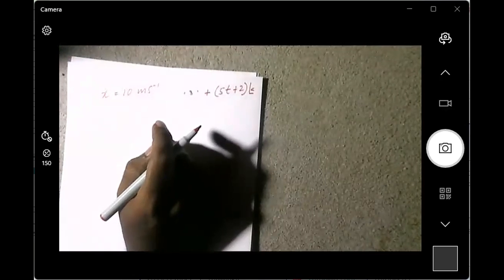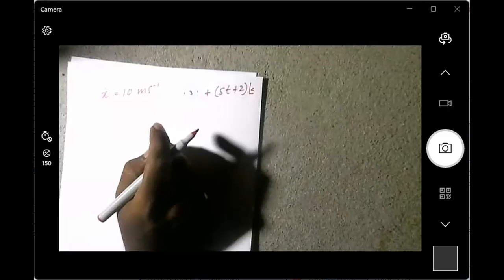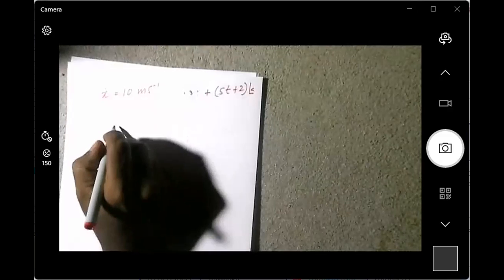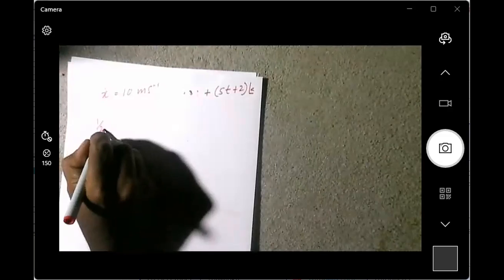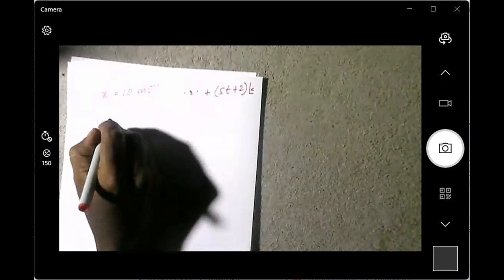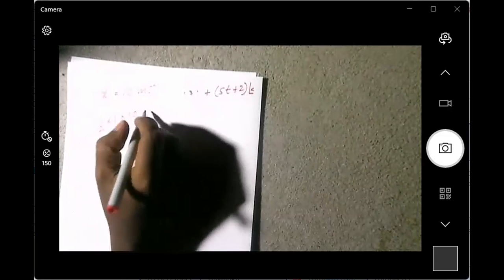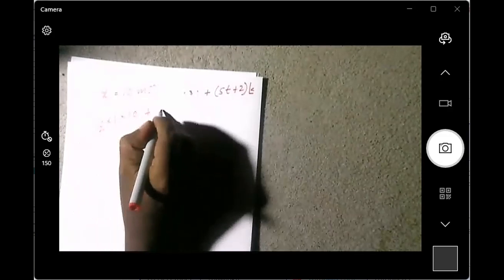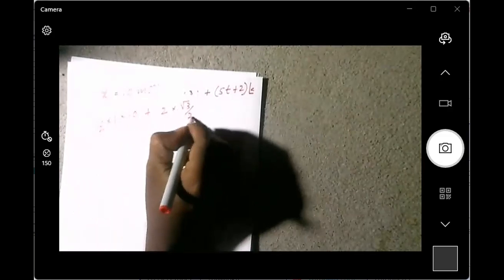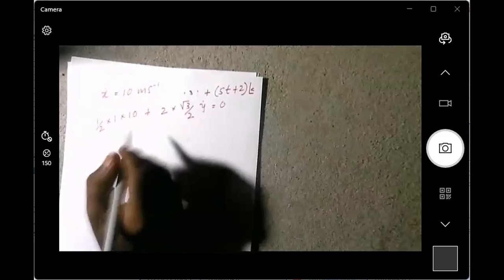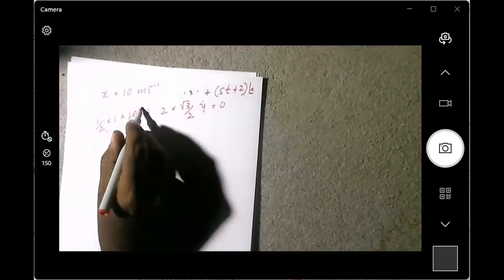So that one is also given. Then the only unknown of the time differentiated path is the y dot. So we can get half x is 1, x dot is 10, plus 2 times y is root 3 over 2 and y dot, which is the unknown. So this is 5.